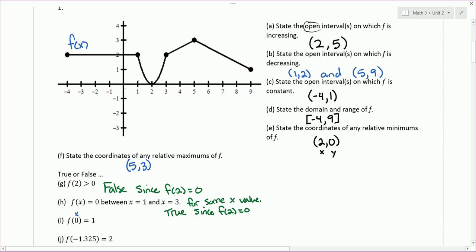So here's 0 on the x-axis, and we're up here highlighting it. That point is at 0, 2. So we can say f of 0 equals 2. They're saying f of 0 equals 1, and so we say false, since f of 0 is 2.